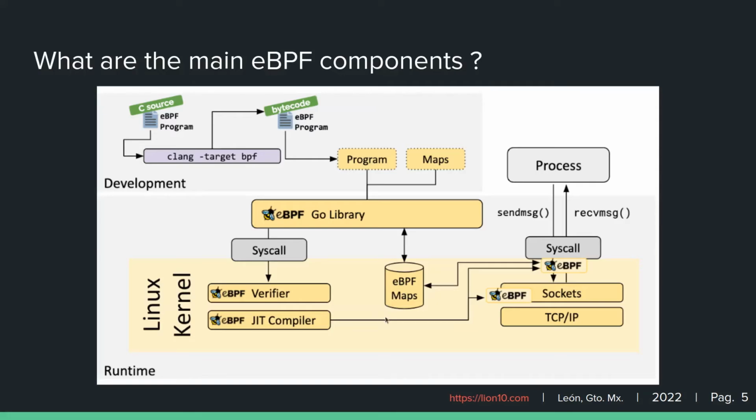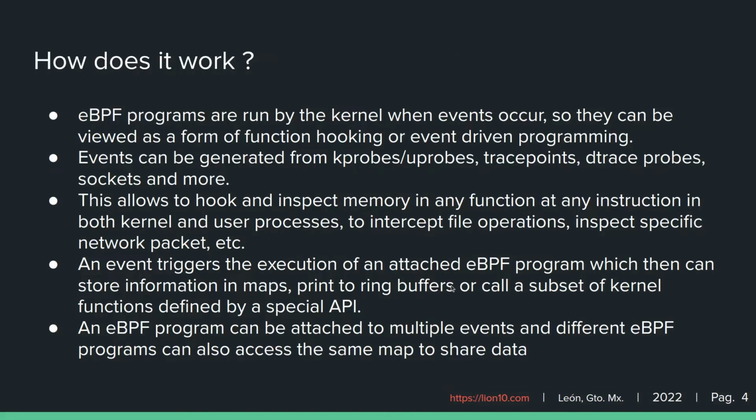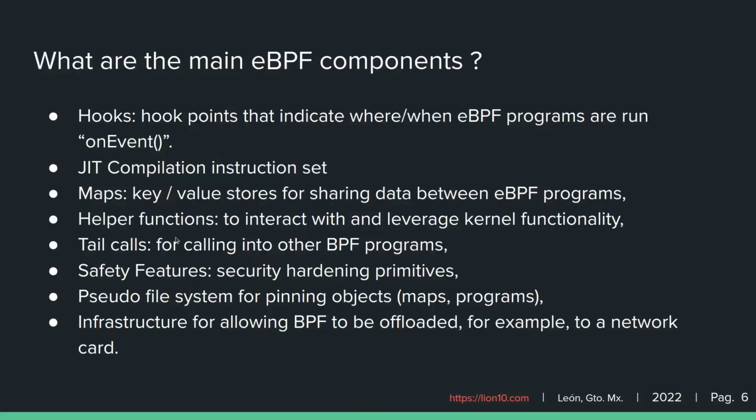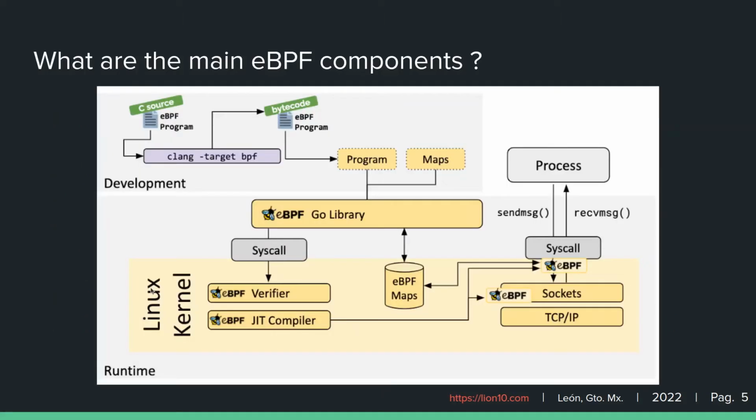Now, helper, tail, and function calls. These tail calls are used for calling into other eBPF programs. Some safety features that these eBPF programs have are security hardening primitives. For example, there are several layers before executing one of these programs that the program will go through.